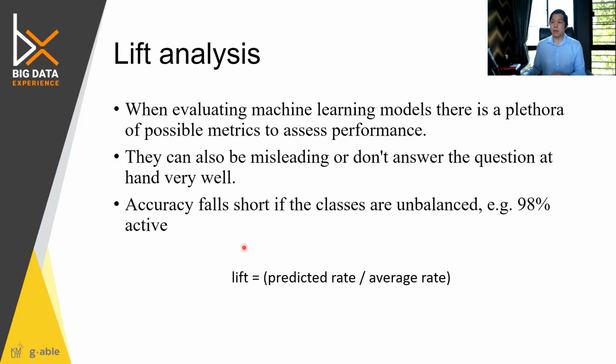In that case you can calculate the lift. Lift refers to the fold between the predicted rate and the average rate. It refers to the chance to obtain positive class by the model divided by the chance to obtain positive class by random.